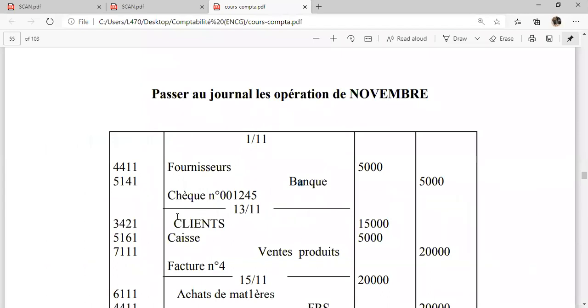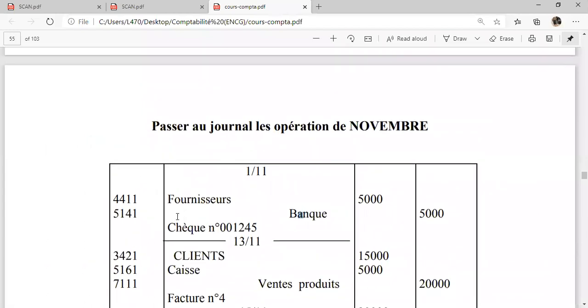So for the debit side, we received an amount of 15,000 in cash, and we have someone owing us 5,000 for goods. Then for the credit side, we lost goods. So we sold goods, which amounted up to 20,000.